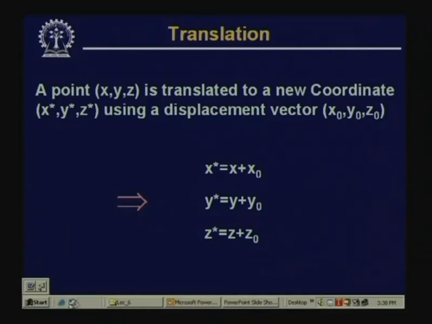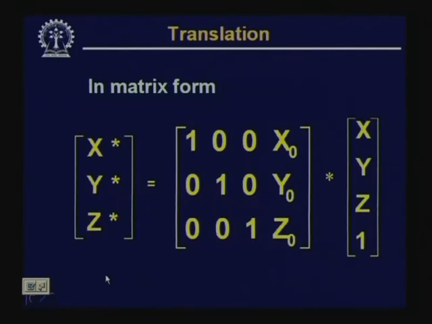Now, if I write these three equations in the form of a matrix, the matrix equation will be like this: x star, y star, z star on the left hand side will be equal to 1 0 0 x naught, 0 1 0 y naught, 0 0 1 z naught, multiplied by the column vector x y z 1.